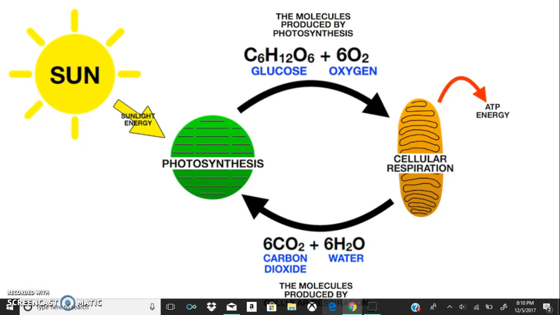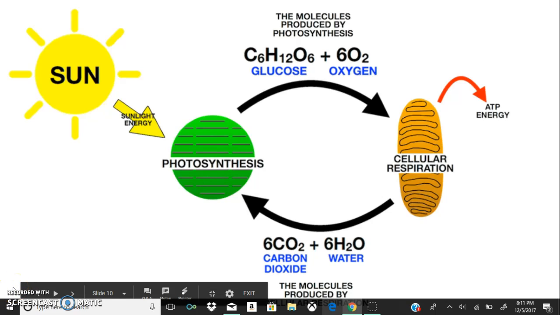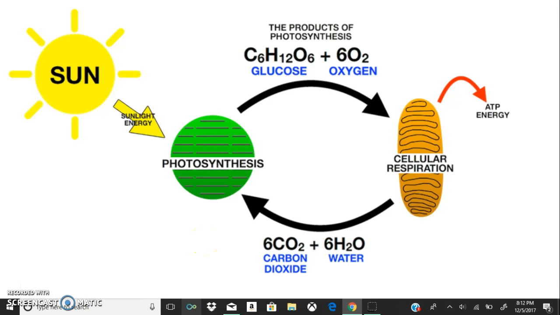As you can see, the top ones are the molecules produced by photosynthesis, and the bottom ones are the ones produced by cellular respiration. So, you could call the glucose and oxygen made by photosynthesis the products of photosynthesis because they were made by photosynthesis in the chloroplast. And you could call the carbon dioxide and water made by cellular respiration the products of cellular respiration for the same reason.